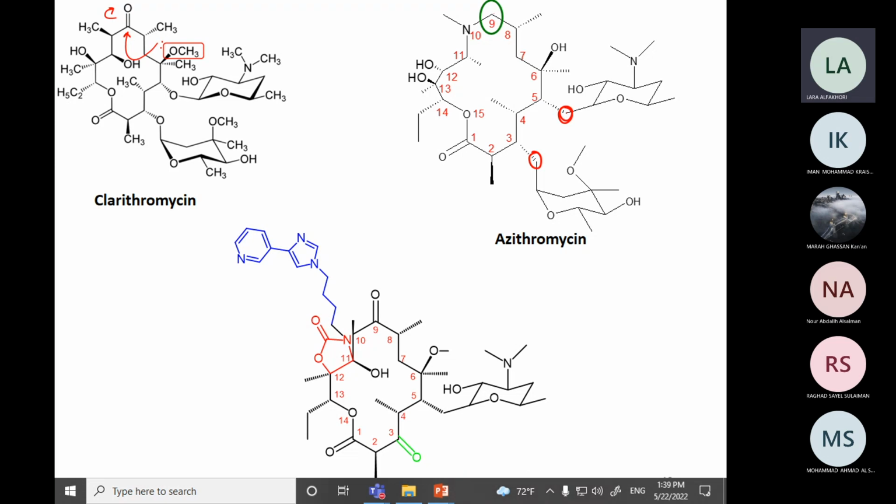The last compound we will talk about is telithromycin. What are the chemical changes in its structure? Yeah, they've conjoined the hydroxyls in here via a carbamate cycle and attached to this nitrogen an imidazole linked to a pyridine.